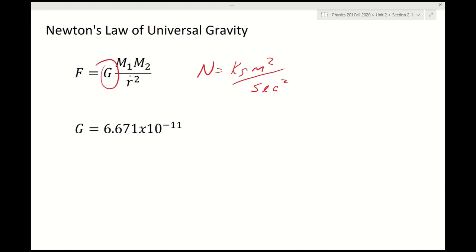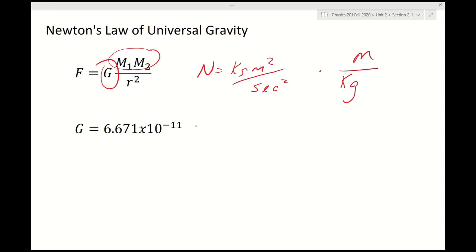Ceres, the largest asteroid in our solar system, has a spherical body with a mass of 6,000 times less than the Earth's and a radius which is 13 times smaller. If an astronaut weighs 400 newtons on Earth, what is her weight on Ceres? Well, so we know that for the Earth, weight is mg.